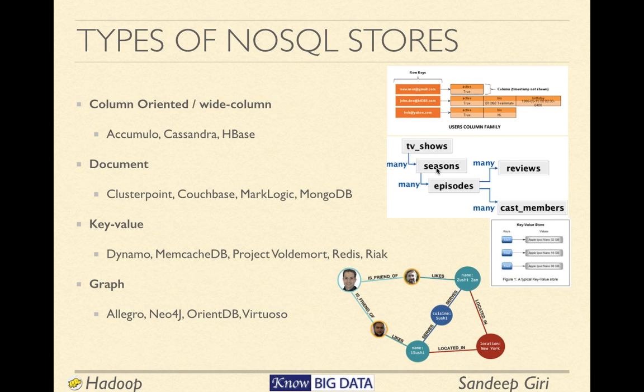And then we have key value pairs. Key value pairs are the most primitive and the beginners in the game. They are more or less like a big hash table.